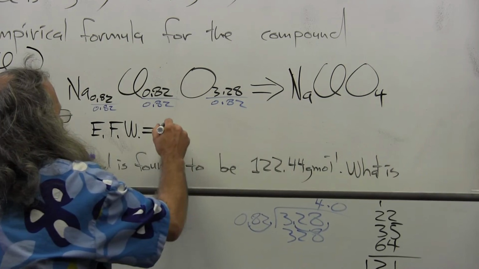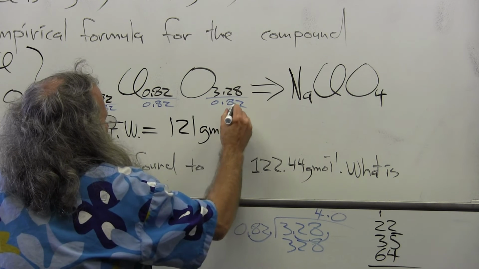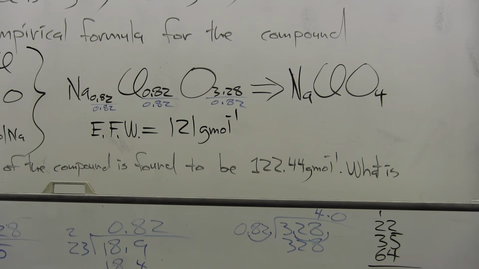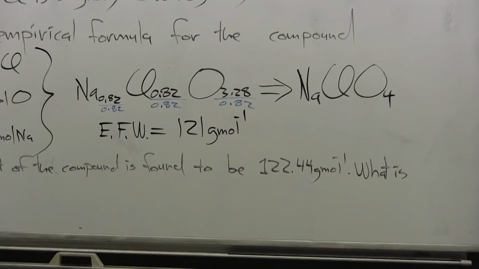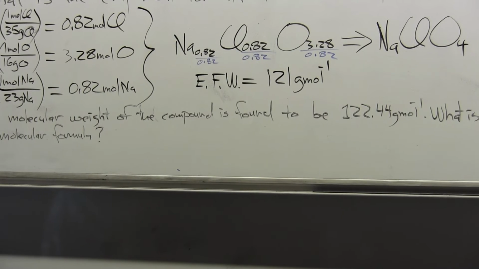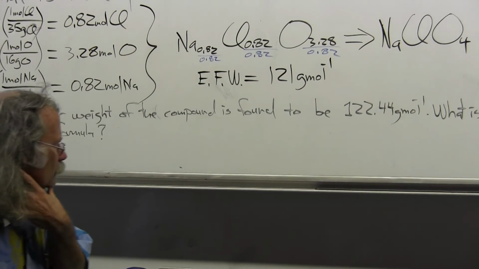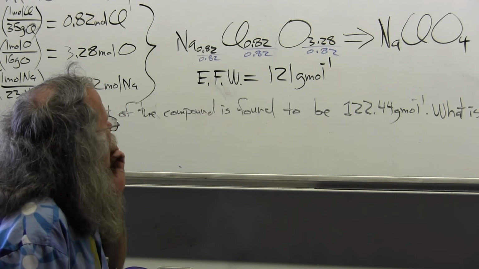So 121 grams per mole is the empirical formula mass. Now, for the second part of the problem, the molecular weight is found to be 122.44 grams per mole.